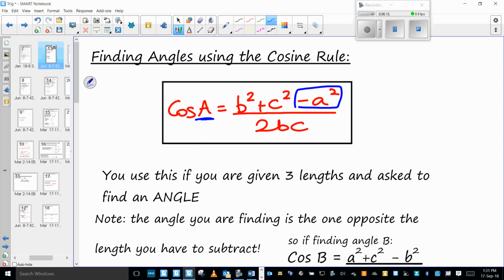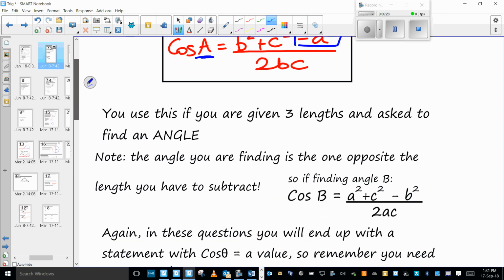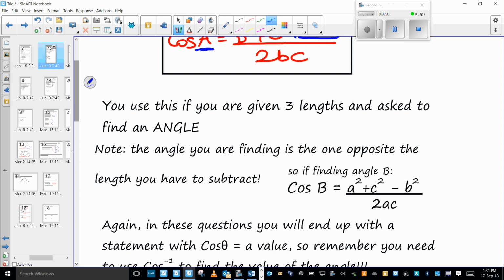The other two, it doesn't matter which one's which. I would rather you've got this connection between these things rather than stress about labelling something A, B, and C. So you're going to use this if you're given all three lengths and asked to find an angle.